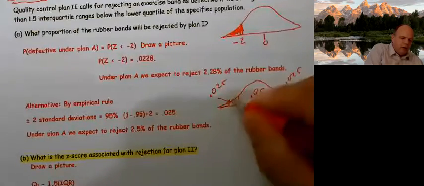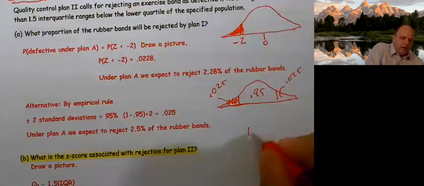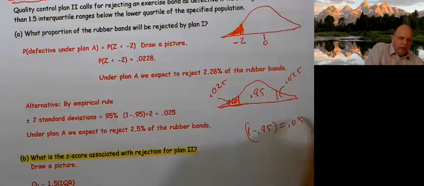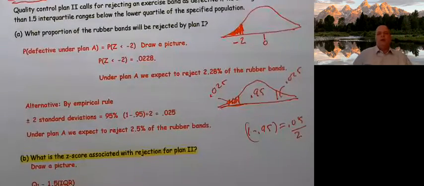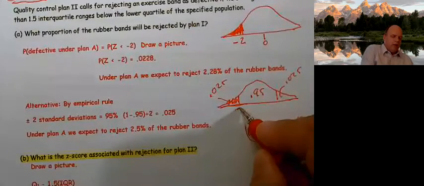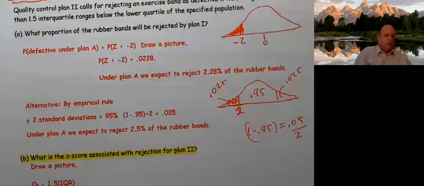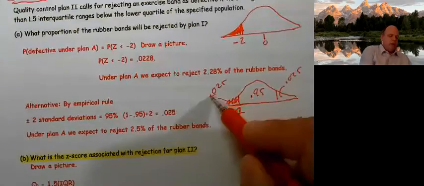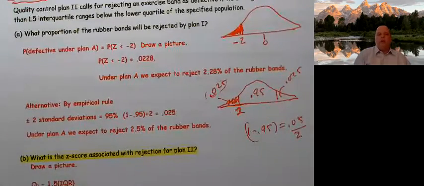And the way I did that was just 1 minus the 0.95 equals 0.05. And because it's symmetric, I have the same amount of area in the two tails. All right. Well, this is what I'm interested in, is any value below this 2. All right. Well, there it is, 0.025. And if you had done that, that would also provide you with full credit.